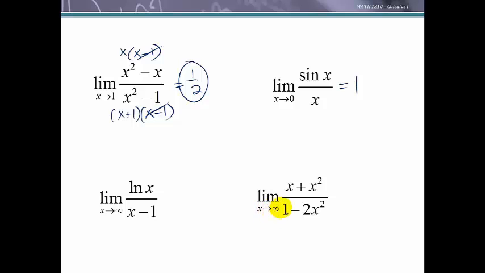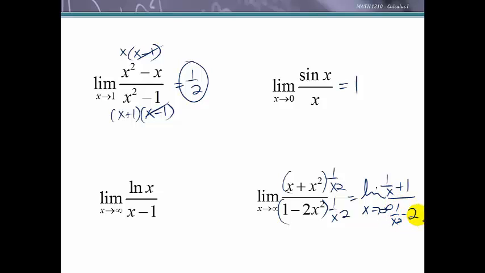Looking at this fourth one, we would also get infinity over infinity, but one of the things that we learned is we could multiply numerator and denominator by the highest powered x that appeared here, and when we do that, we would have the limit as x approaches infinity of 1 over x plus 1 over x squared minus 2.